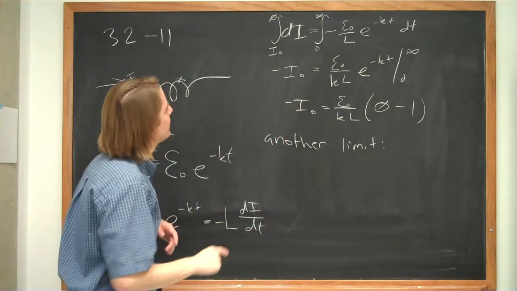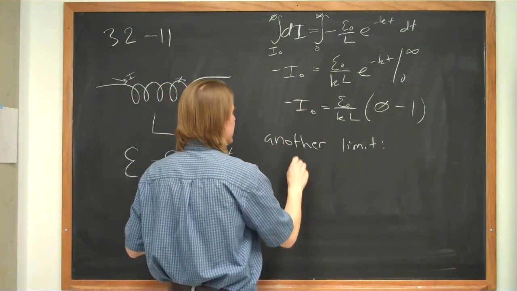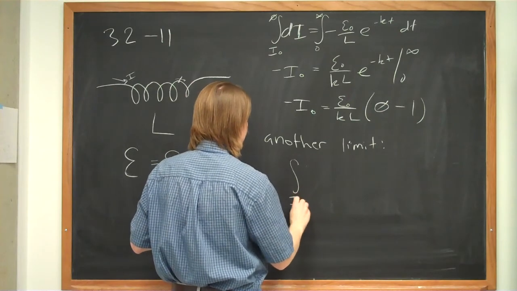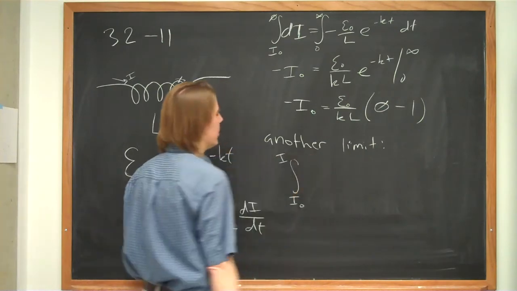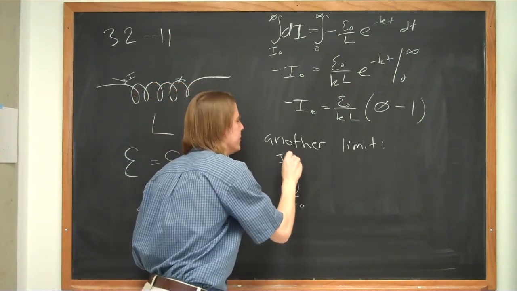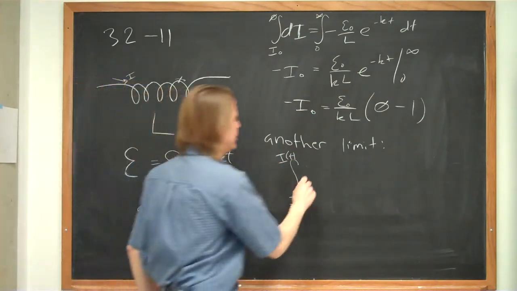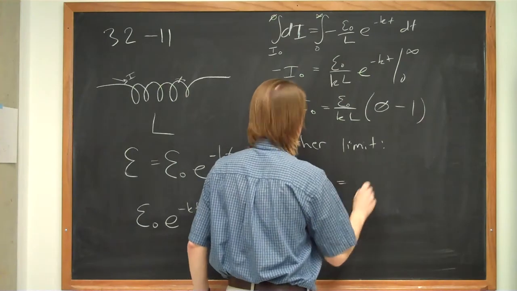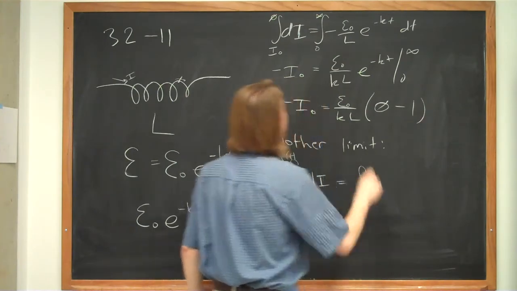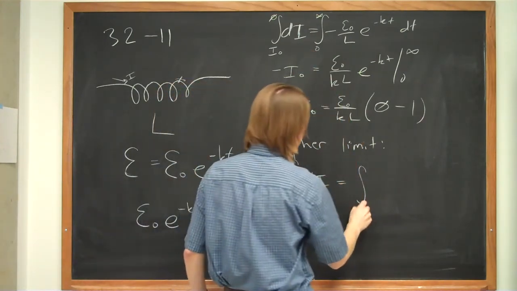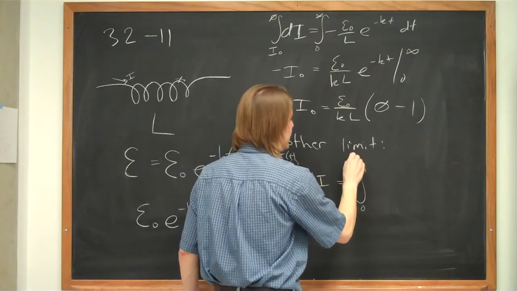If you want it as a function of time, you would say the integral is going to go from I naught to some current I. I is a function of time. This is the initial, and this is how it varies with time. di equals the integral, and again, it's going to go from time equals 0, but to what? To time t.